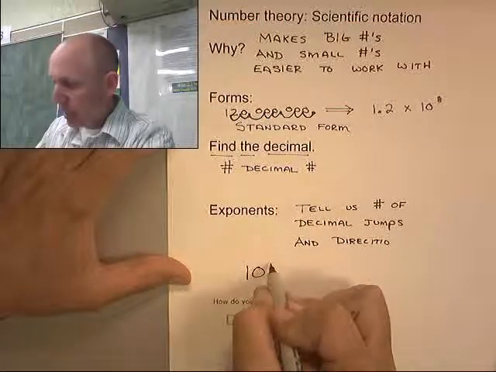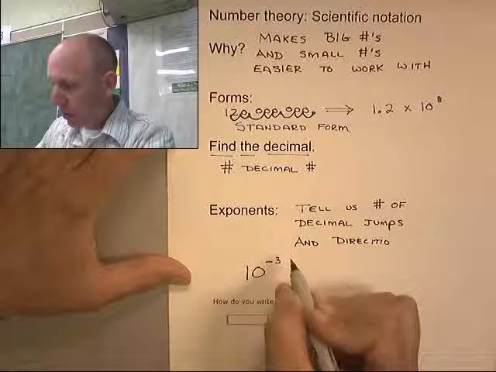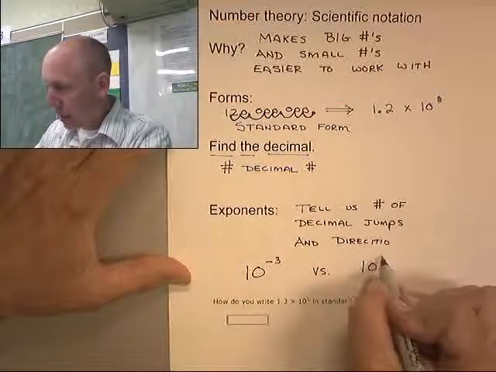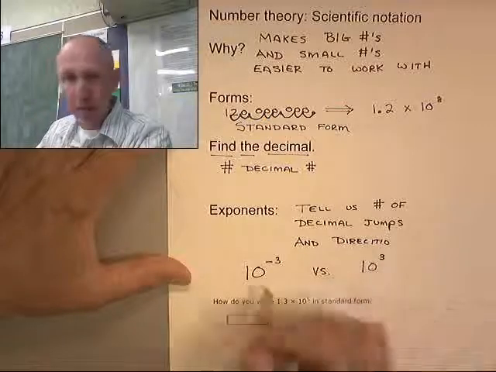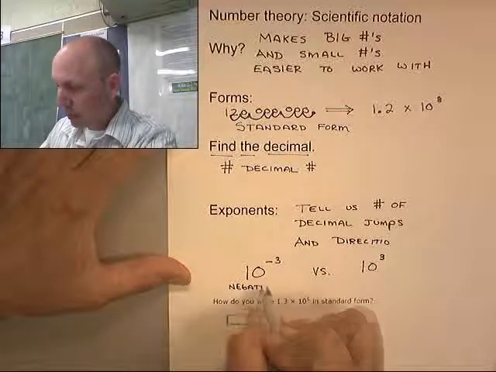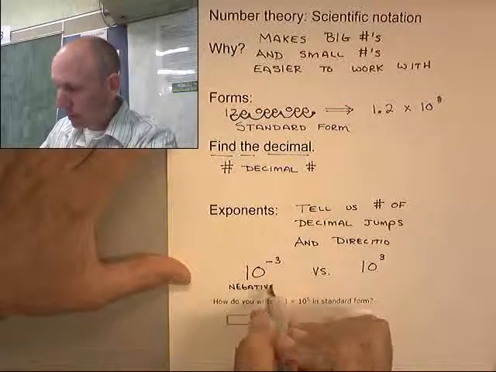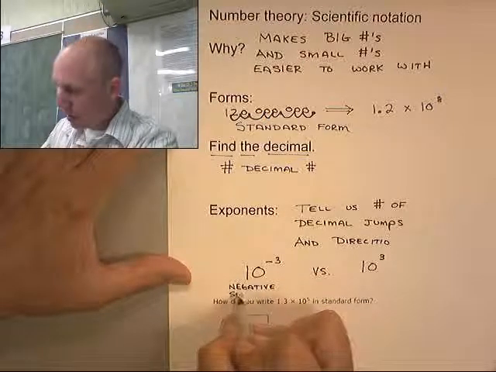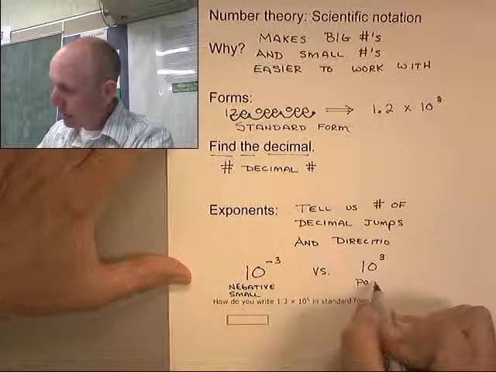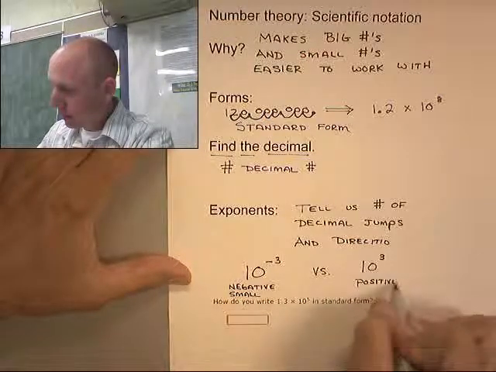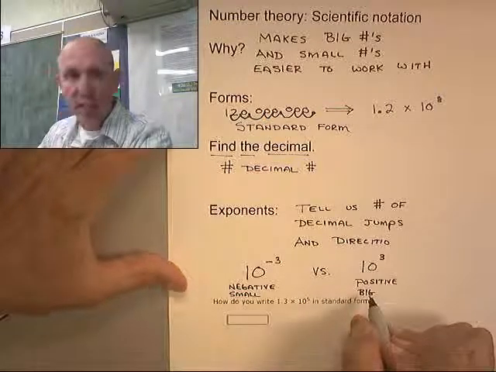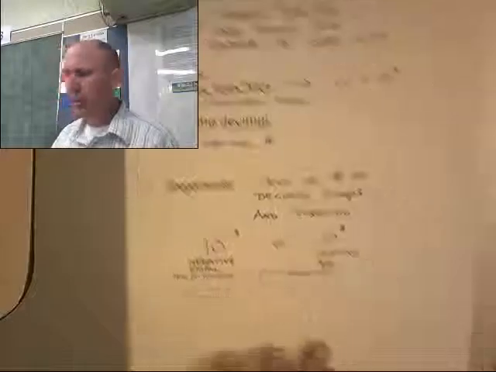If I had 10 to the negative 3 versus 10 to the positive 3, the negative is a small number, and the positive is for big numbers. Let's see how this works.